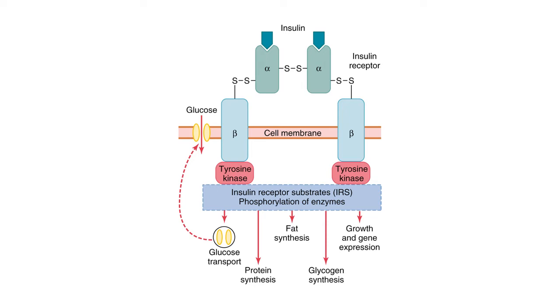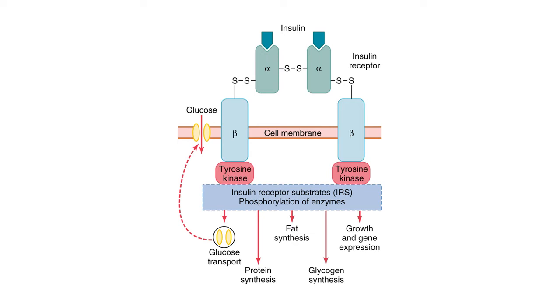And yung mga lumulutang na IRS will then receive phosphate groups via the action of tyrosine kinase, which attaches the phosphate to a tyrosine amino acid present in the protein, which is your IRS. So once these proteins have already been phosphorylated, they become active. So once these proteins are already active, what do they do?